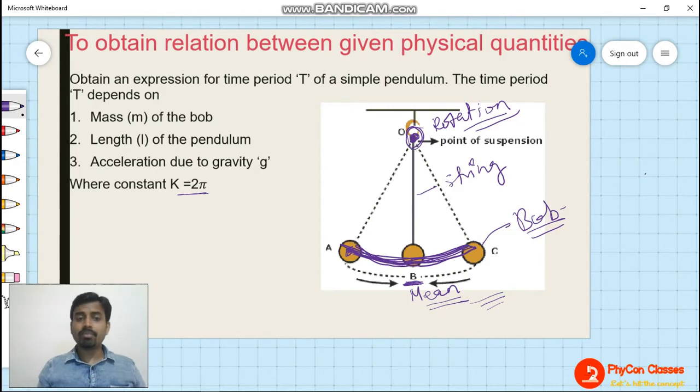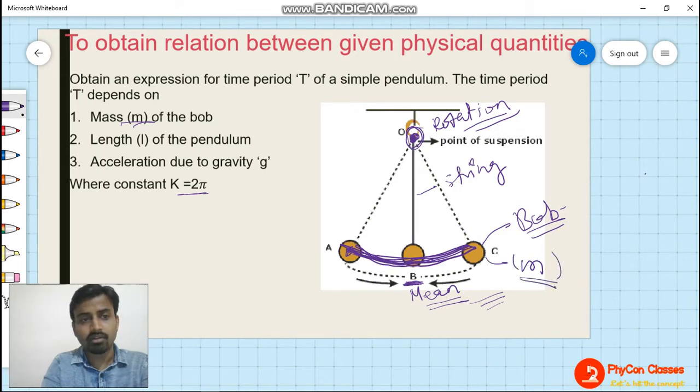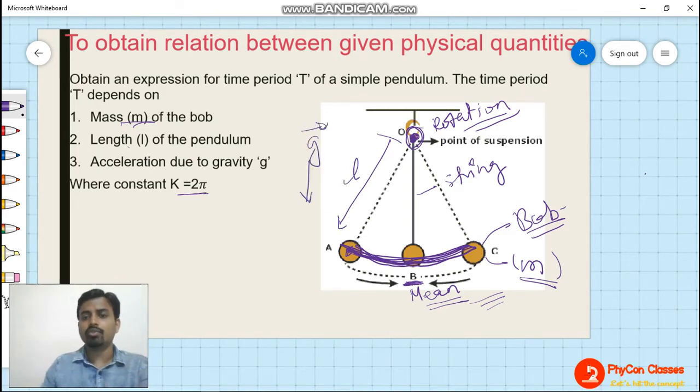Okay. Now this time period may depend on the mass of the bob. If this is the bob, then the mass of the bob we are talking about. Then second is the length of the string, L. And third one is the acceleration due to gravity. If the time period depends on these three things, we have to find out the relationship between all these physical quantities, and we are going to use dimensional analysis.